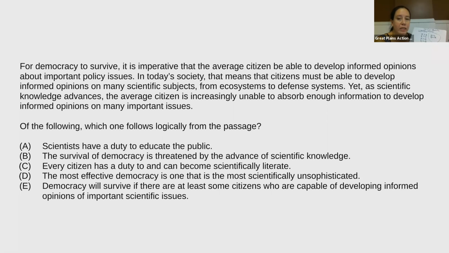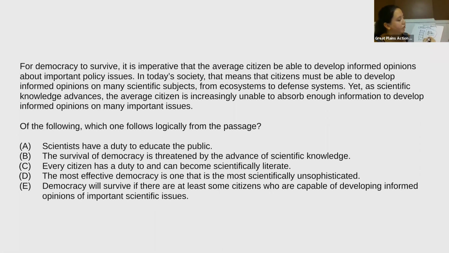All right, B, the survival of democracy is threatened by the advance of scientific knowledge. Okay, we do have a D and a K over here. So we have, if democracy is going to survive, then we can't have this increase in scientific knowledge.